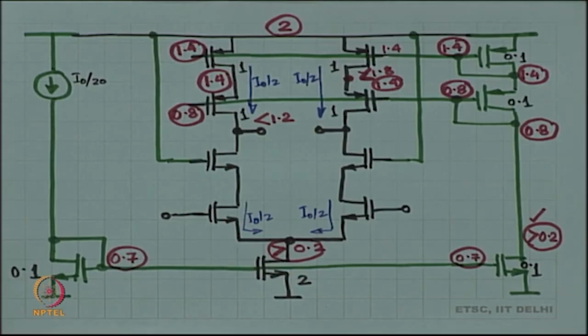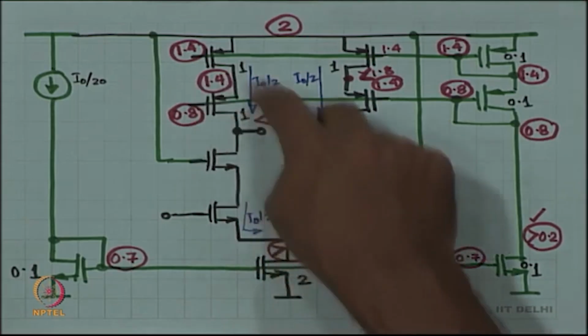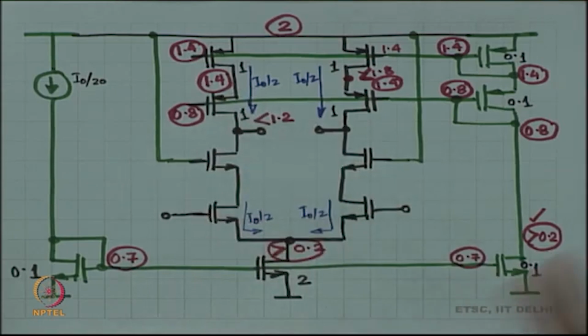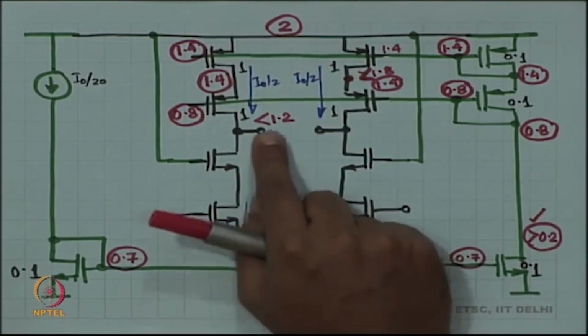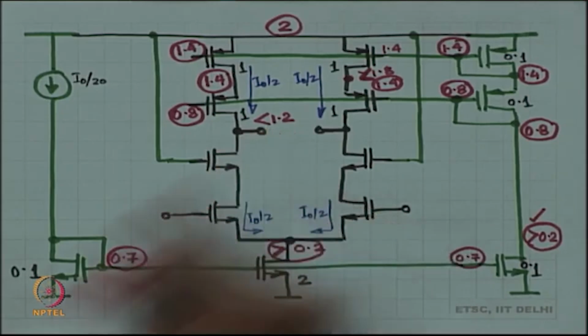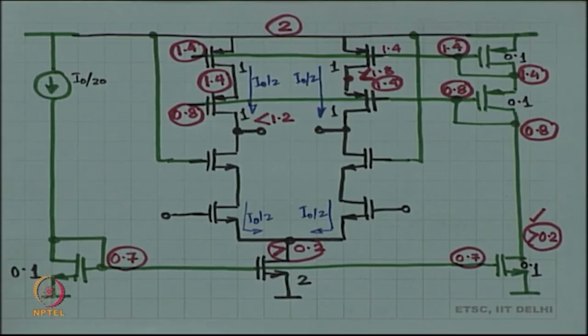Okay, it can't go higher, because if it does go higher, then this device falls out of saturation. It does not really damage things that much, because there is graceful degradation. This is a nice Wilson current mirror. However, you can say that this is the maximum that you are going to tolerate for best performance.